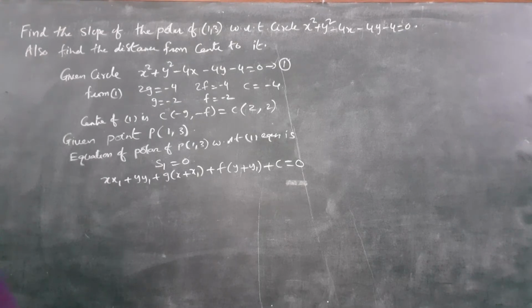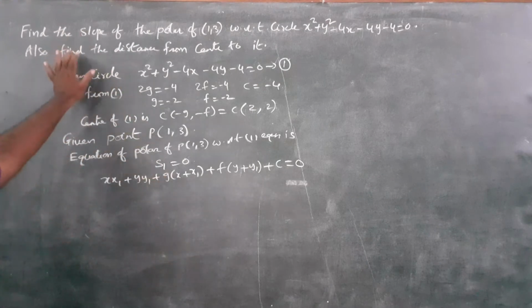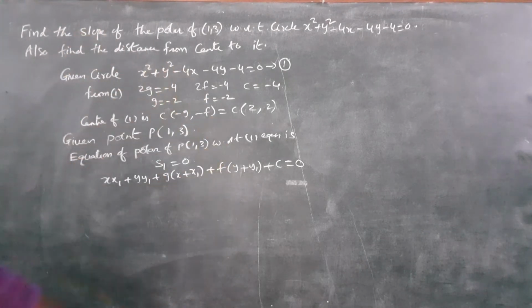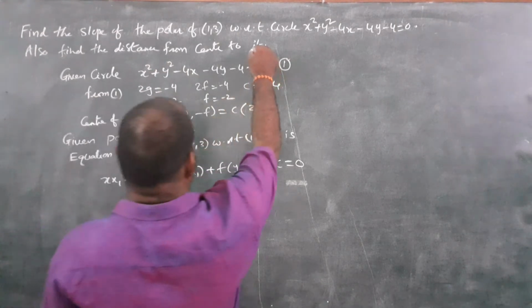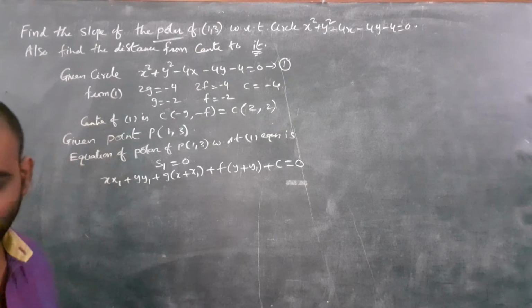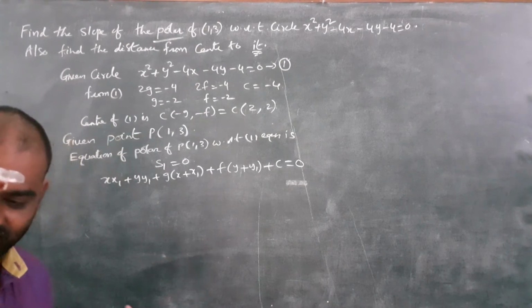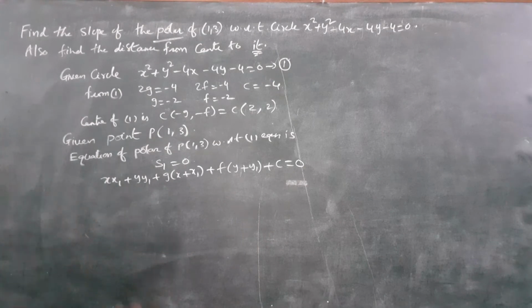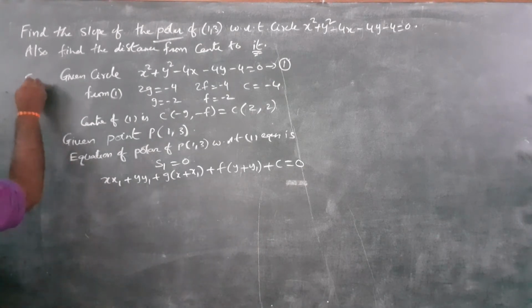And after that, there is another question included in this problem. What is it? Also, find the distance from center to it. It means nothing but the polar. So after that we have to find the distance from center to that polar line. So how do we solve this? This is the solution.